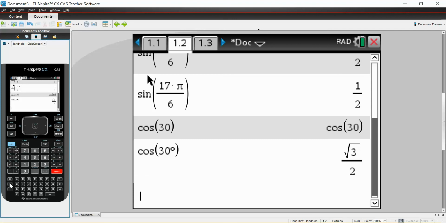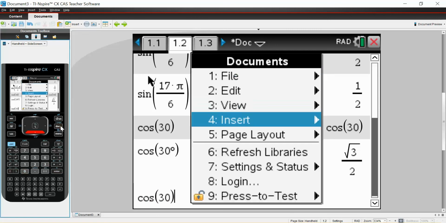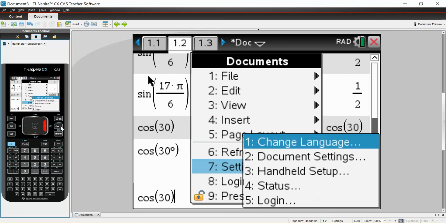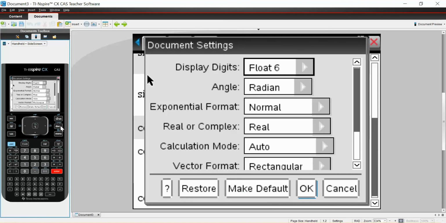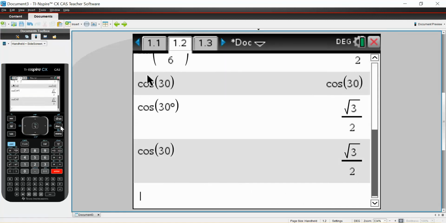Okay? Alternatively, if you were too lazy to type in the degrees part, then yes, you could do cos of 30, but you just have to be careful with the settings. If you change the settings, document settings, and you change the angle to degrees, then it also works as well.